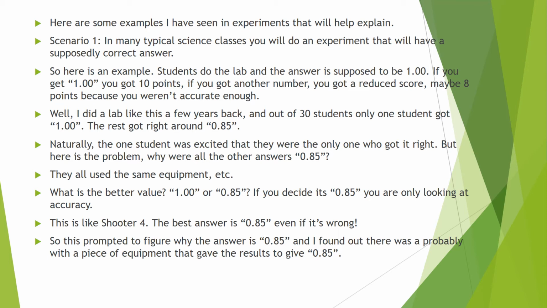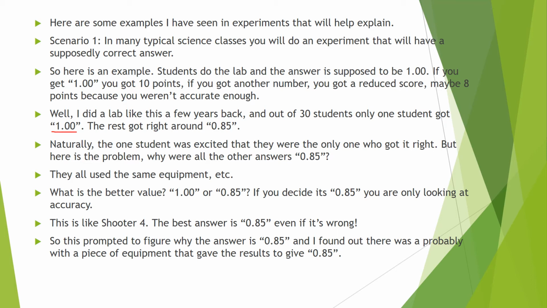If you got 1, you got 10 points. If you got another answer, you got a reduced score, maybe 8 out of 10, because you didn't get an accurate enough answer.